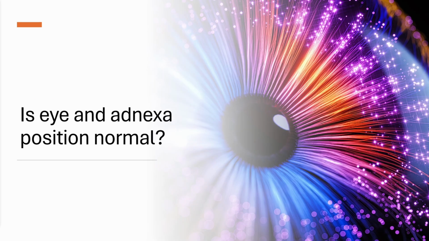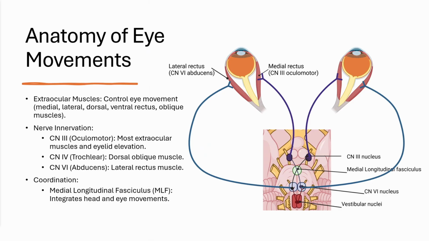So our next testing is we need to decide, is the eye and the adnexa position normal? So this is a little bit more complicated anatomy. We need to understand the anatomy of the eye movements. And these are down to the extraocular muscles. And these are the medial, lateral, dorsal and ventral rectus, and then also the oblique muscles.